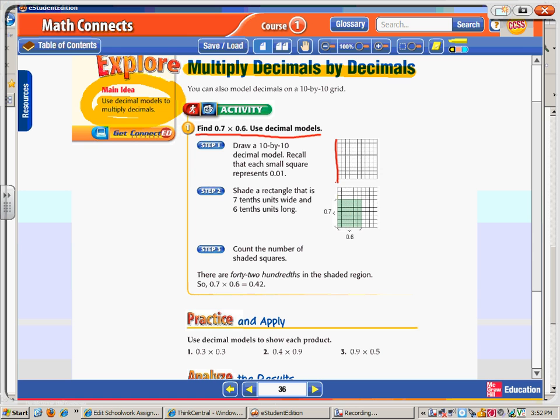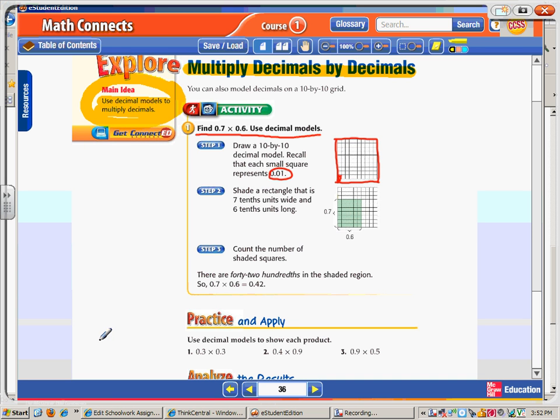Though we're multiplying tenths by tenths, and it's not the best picture on this video, we still remember that there are 100 cubes within this flat. So if we shade in just one square, it's going to represent 1/100th.